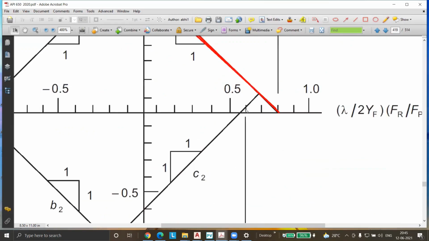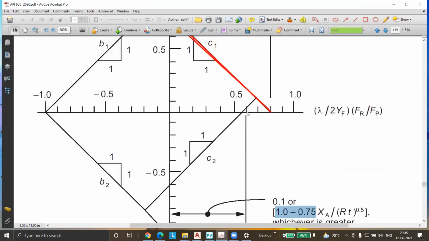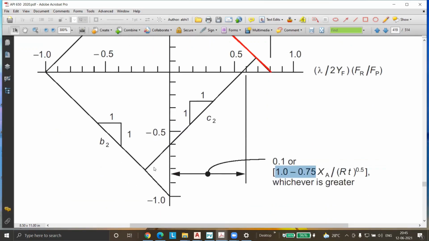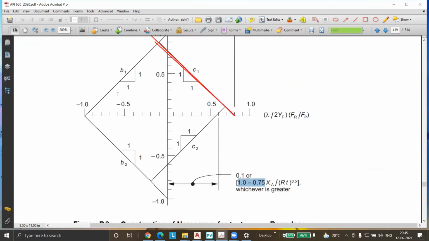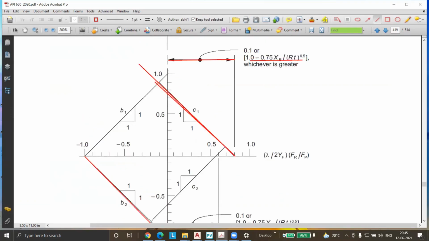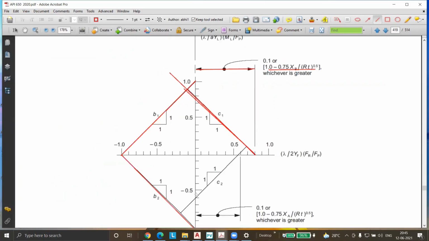This will give me this point, so from here I can start, and we'll come to this point. Here two lines are already fixed. This will join -1 to -1, and this will join 1 to -1. So these two lines are fixed. This and this we need to find out and then draw.